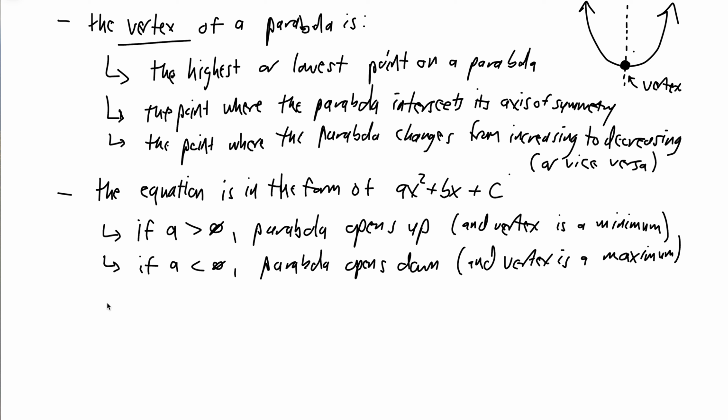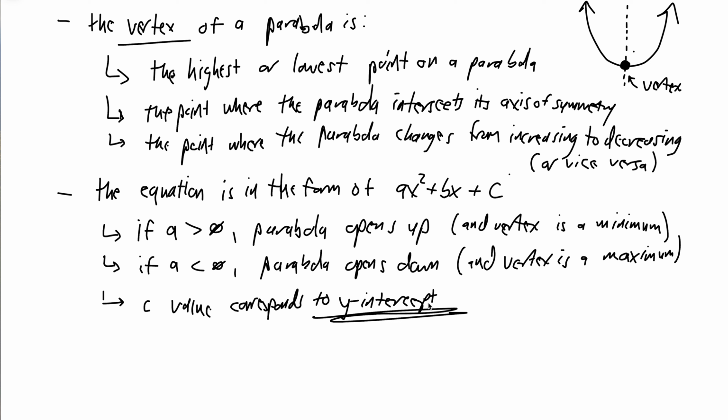We also are going to see that our c value corresponds to our y-intercept. Okay, and this should be pretty obvious because remember, y-intercepts are when x is 0. So if you were to plug in x as 0, both of these terms would go away, and you're just left with the c value, which is the y-intercept.